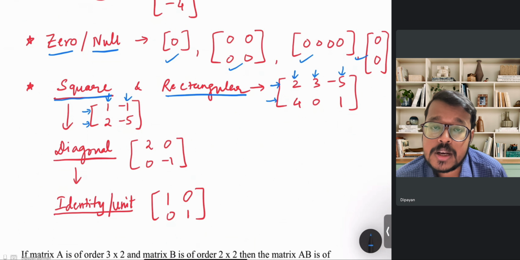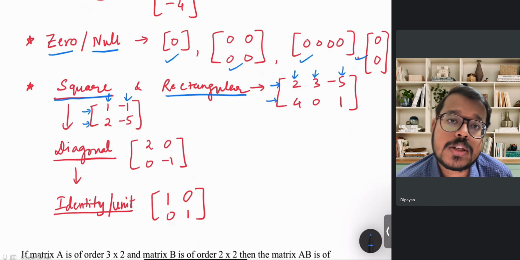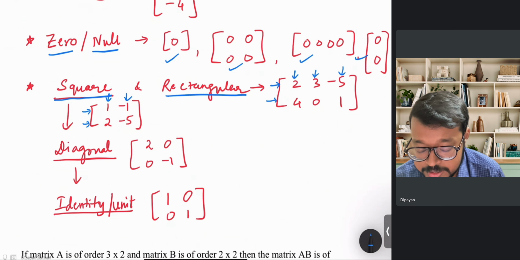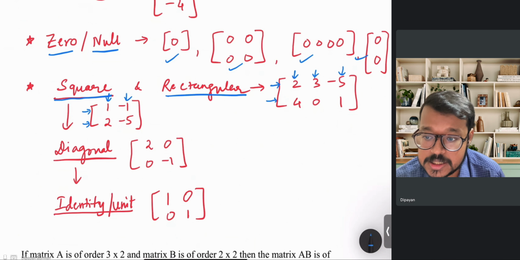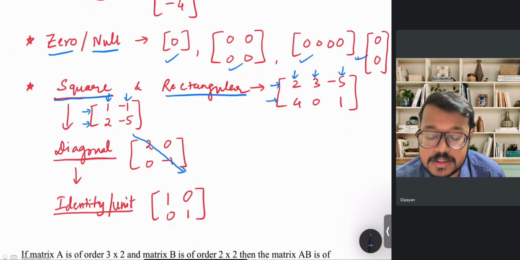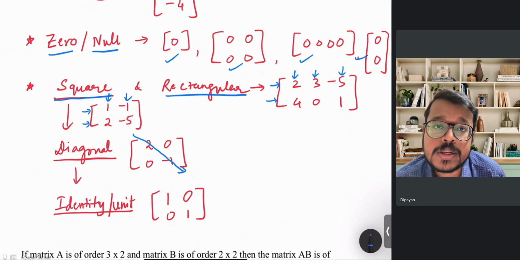Now, a square matrix can again be of different types. If you add some special property to a square matrix, we get another type of matrix. For example, take a square matrix and consider the elements along this diagonal. This diagonal is known as the principal diagonal or the leading diagonal.